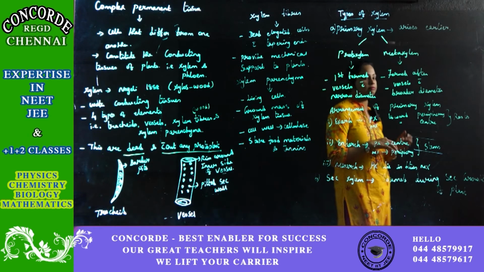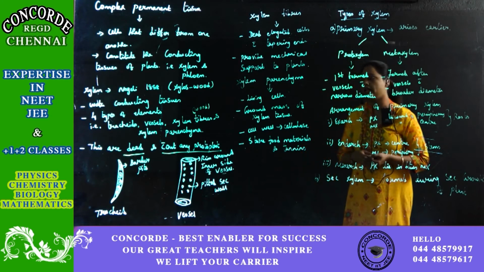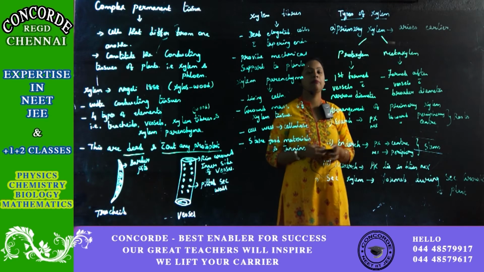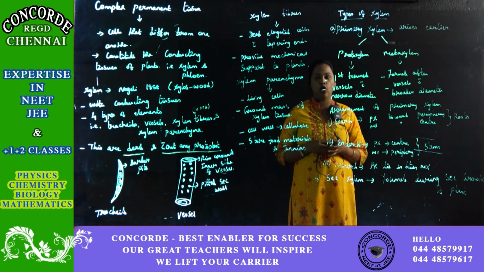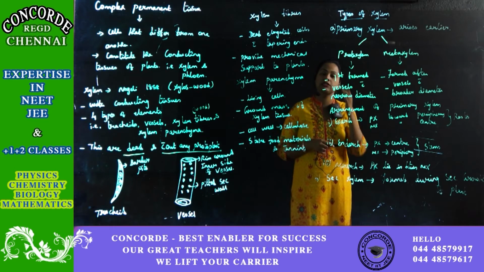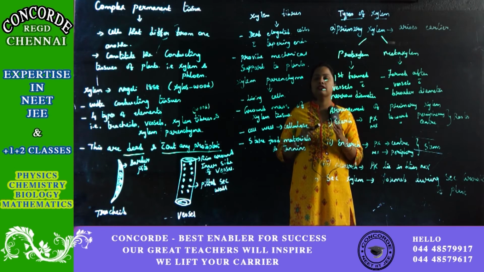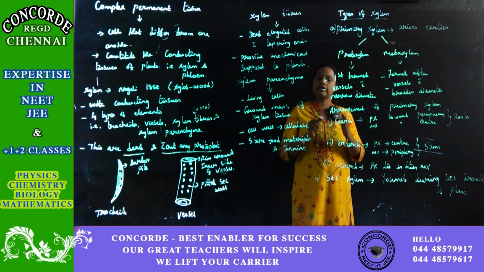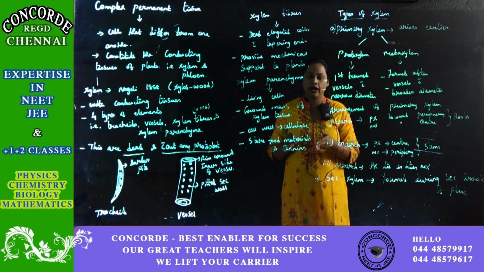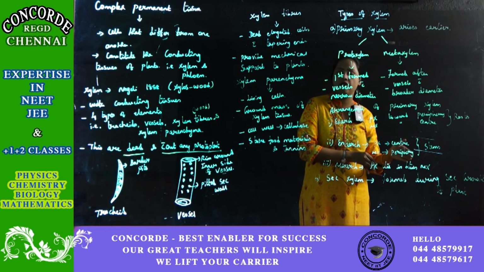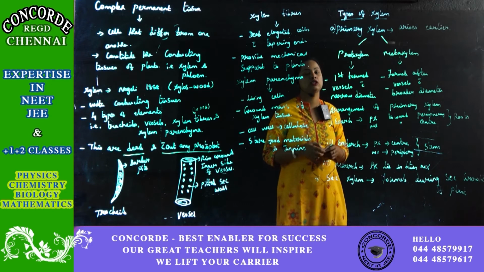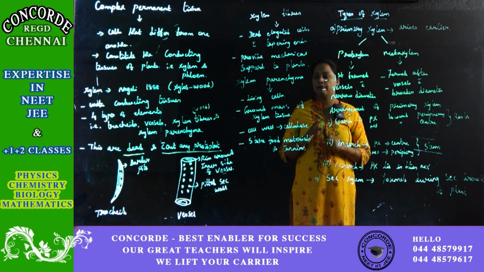And the types of xylem are primary xylem and secondary xylem. Primary xylem is the first, earlier xylem formed. It has two parts: protoxylem, which is formed first, and metaxylem, which is formed next to protoxylem. Protoxylem has narrow diameter vessels and metaxylem has broader diameter vessels. The arrangement has three types: exarch, endarch, mesarch.